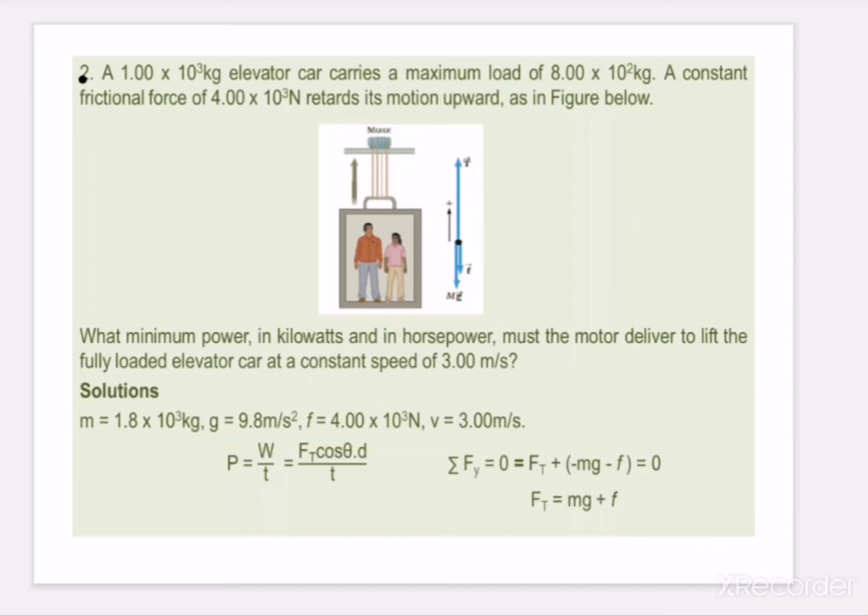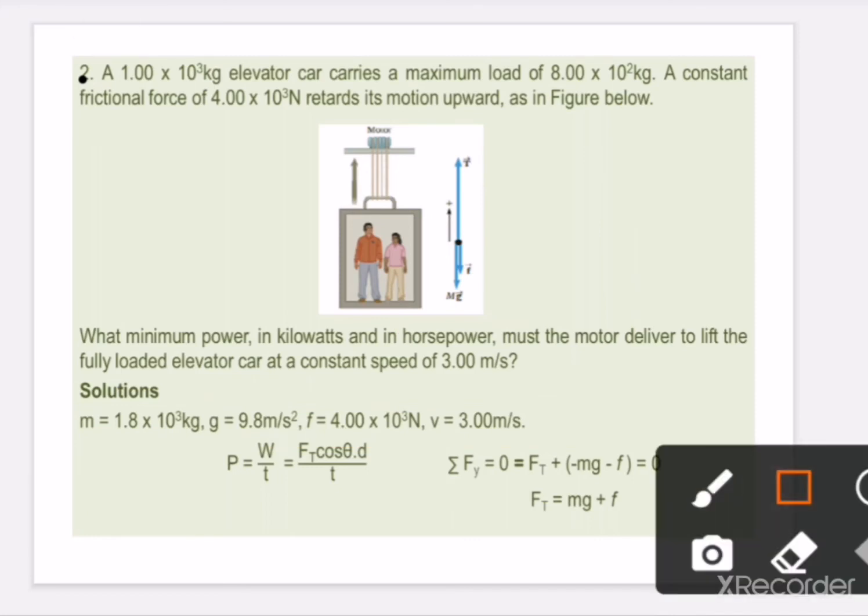Now, power is the rate of doing work, or the time rate at which work is done. But we can replace the work by its formula, where work done is F cos theta multiplied by d. When you look at this clearly, this here is your force, and distance divided by time is equal to speed.